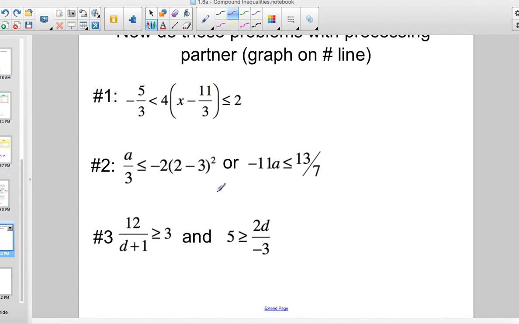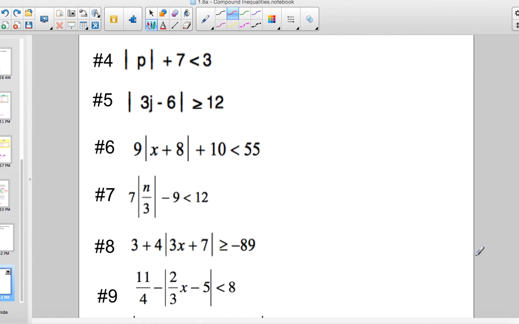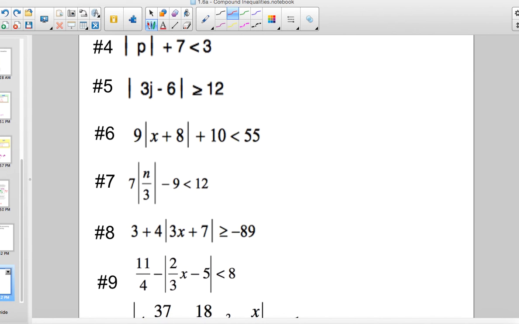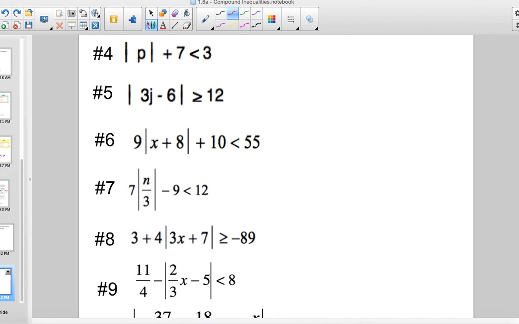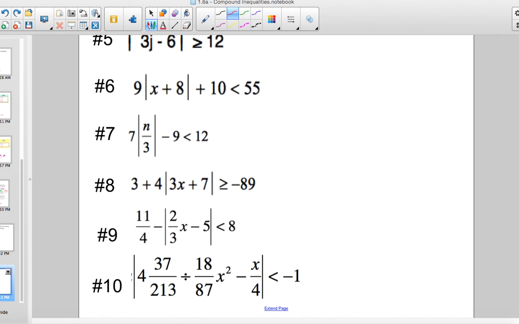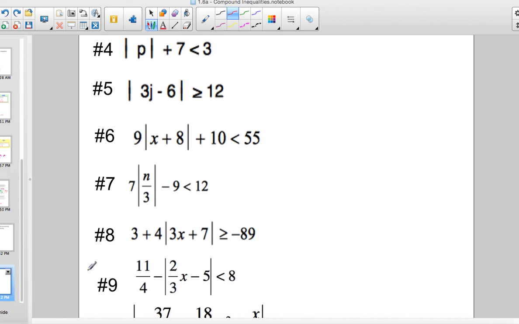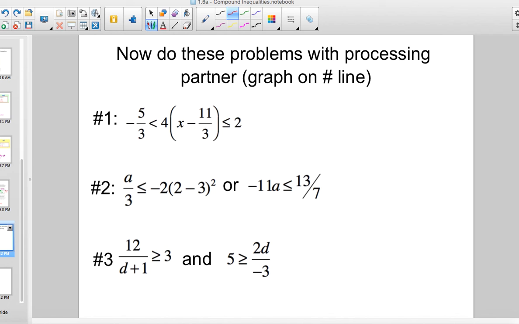You can pause this screen, write these ones down, and then go ahead and pause this screen and write those 9 down, and then get that 10th one in there somewhere. So you can do it in pairs. I don't really care who you work with. It's Friday, so pick who you want to work with, but make sure you get these done, and then I'll give you just the answers for them in a second. But pause the video, work with somebody, and do them, and then resume the video when you're done and check the answers.